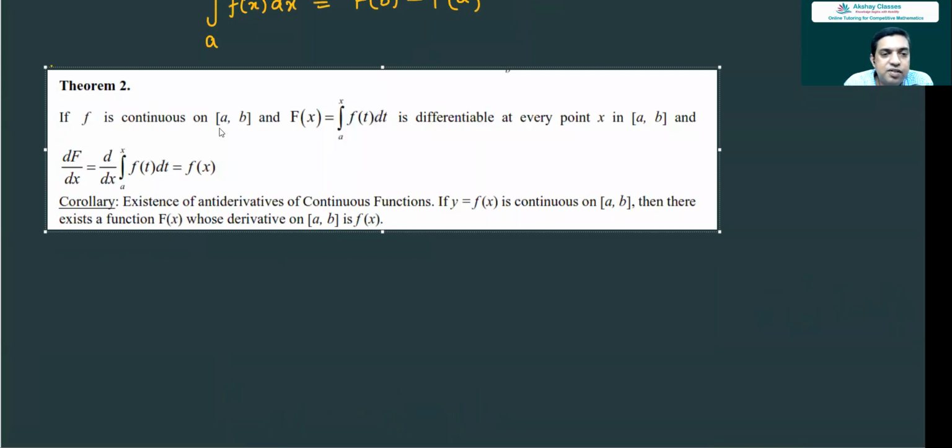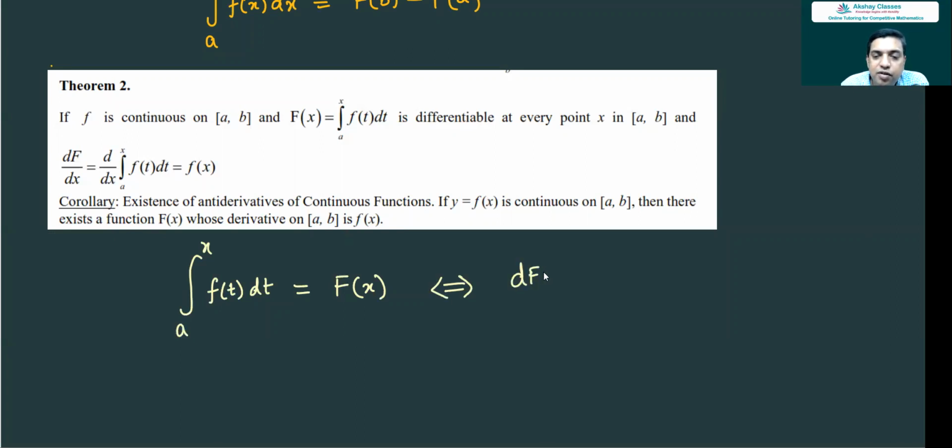So if f is continuous on closed interval [a, b], and capital F is the integral from a to x of small f of t dt, this is denoted as a function capital F. If the antiderivative is known, then it is the antiderivative at x minus the antiderivative at a, which we write as capital F. Because it is an antiderivative, it is differentiable at every point x in closed interval [a, b], and the derivative of capital F of x is small f of x.